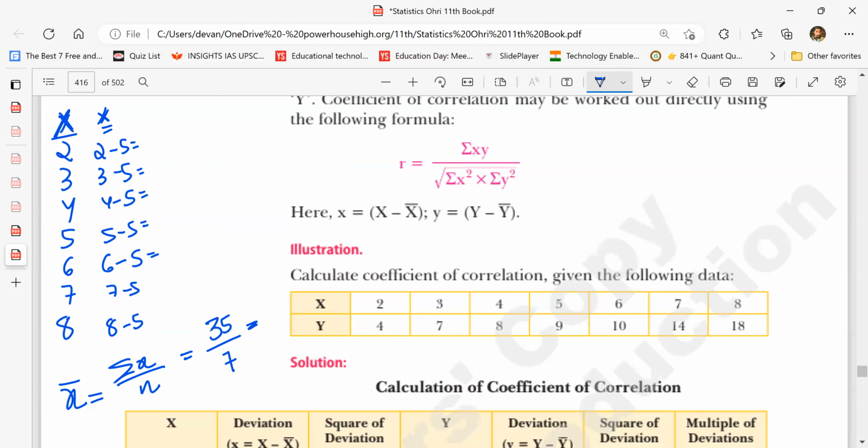Minus 3, minus 2, minus 1, 0, 1, 2, 3. Do it in your note. And then you will calculate the square of this also: 9, 4.